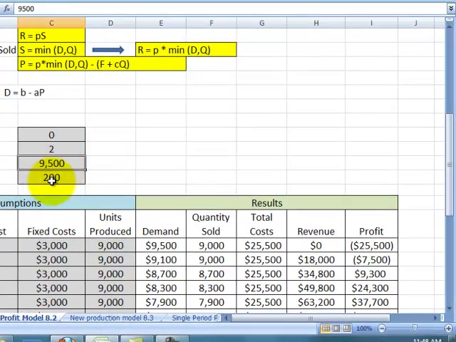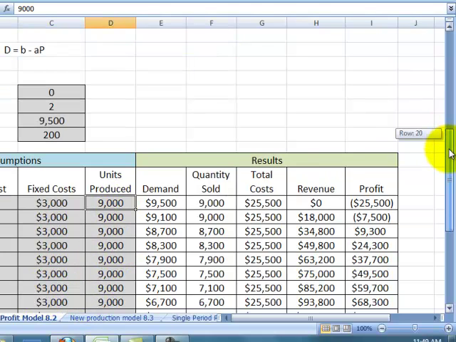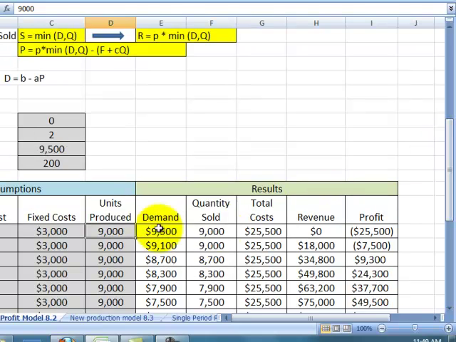Of course, this is an assumption. We also make assumptions in this model, as you can see up here, on our unit costs, on our fixed costs, and the number of units produced. Now, our results are right here.